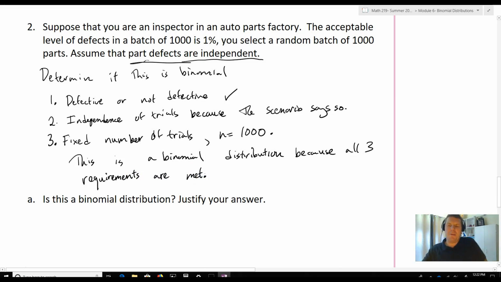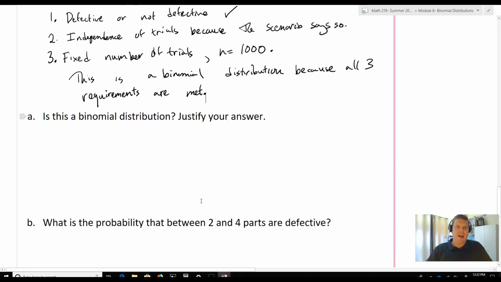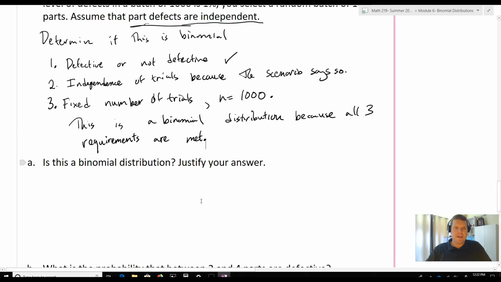Oh, that's actually the next question. So there it is.